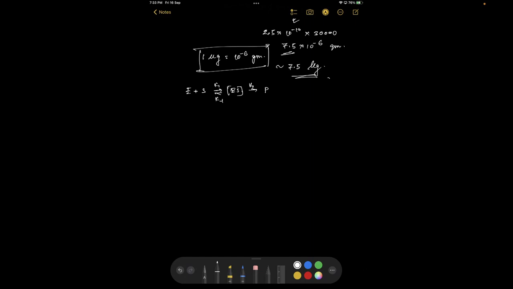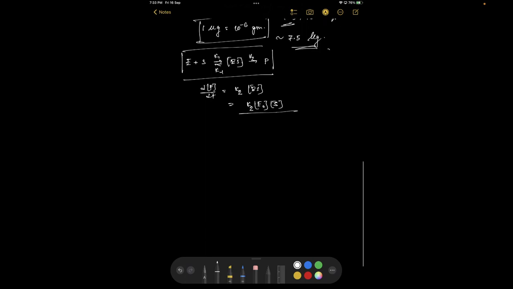So this is the Michaelis-Menten kinetics model. Now the rate of transforming into product, that means dP/dt, equals K2 times ES. Now if we solve this, it will be K2 times E0 times substrate concentration divided by Km plus S, right?